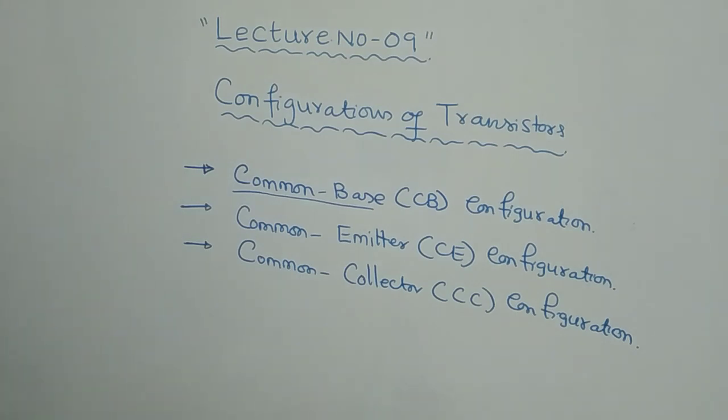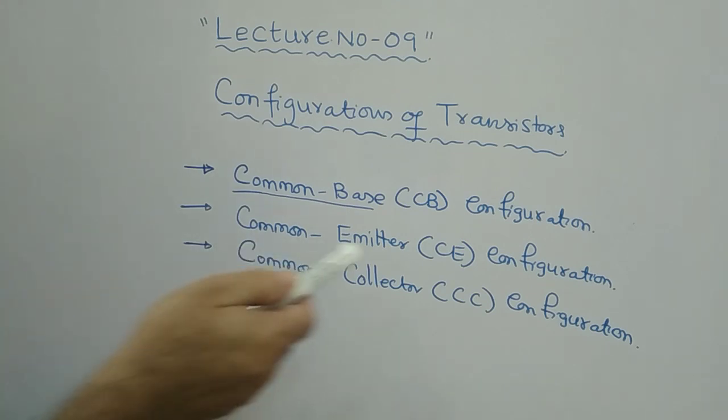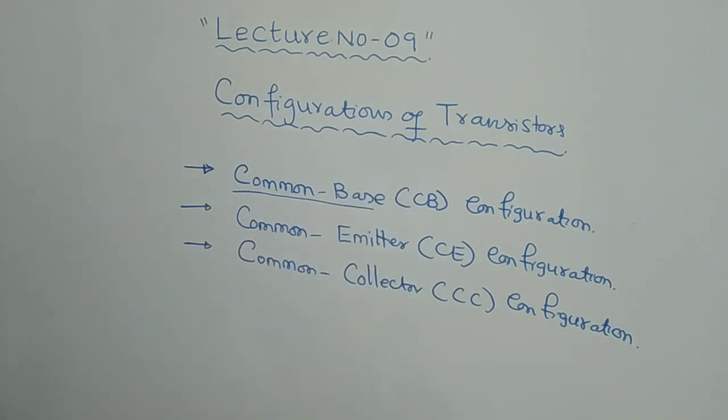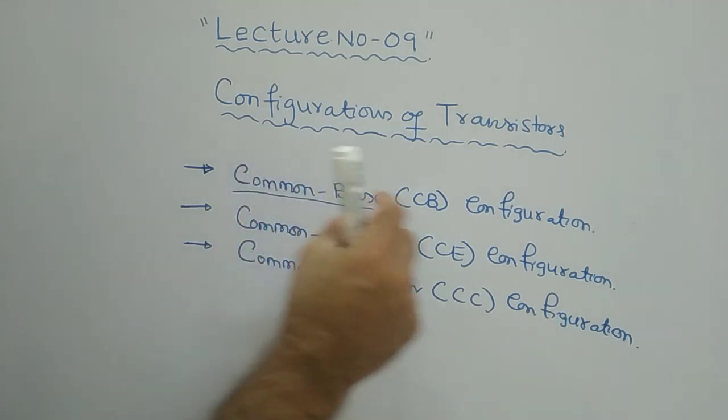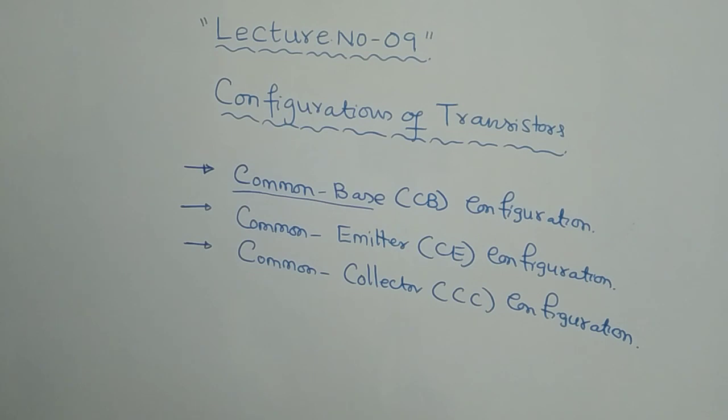As far as your academic point of view is concerned, in your college or university examinations, definitely they will ask you to write the CB configuration of a transistor or explain the CB configuration.